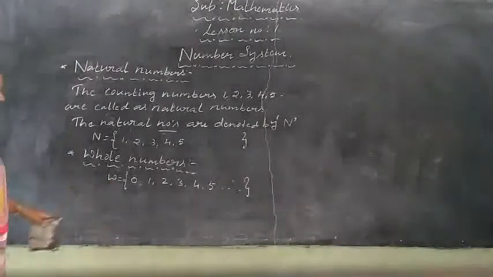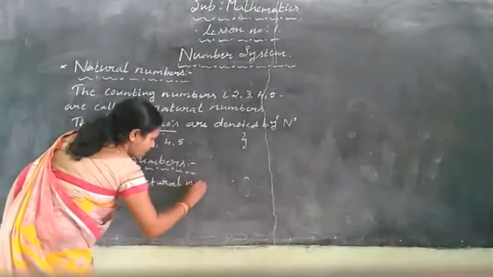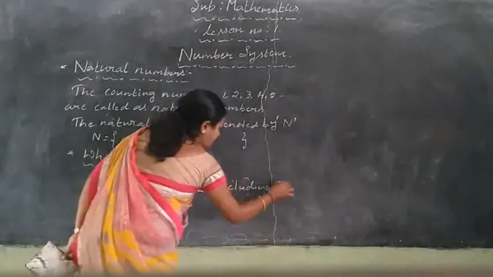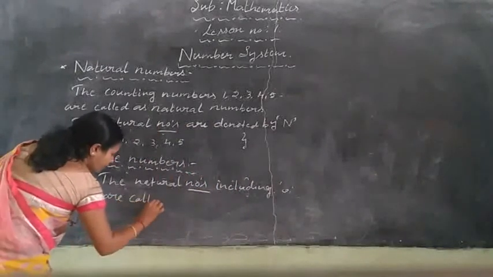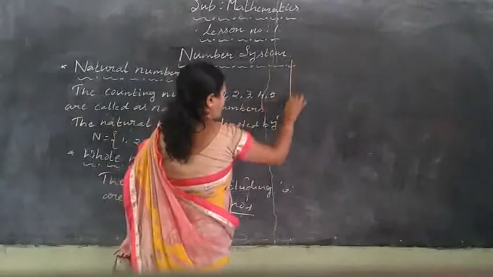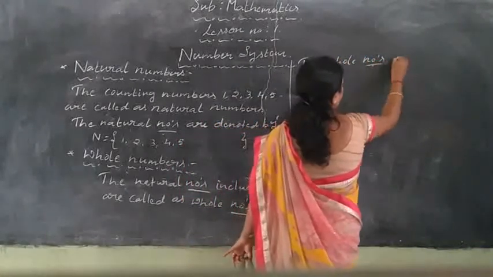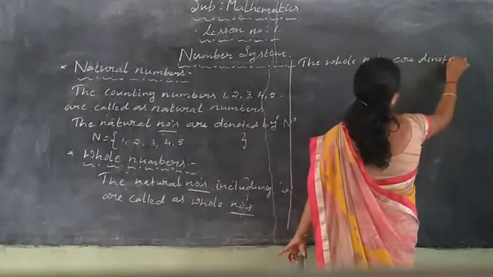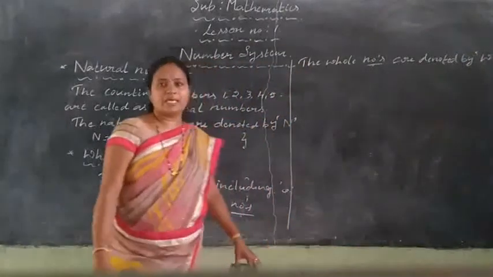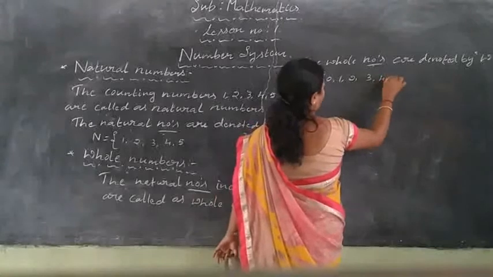So the natural numbers including 0 are called as whole numbers, and the whole numbers are denoted by capital letter W. In the set form it can be written as W is equal to 0, 1, 2, 3, 4, 5.